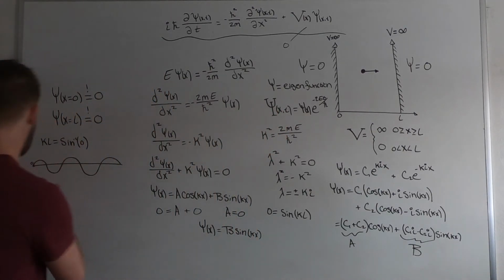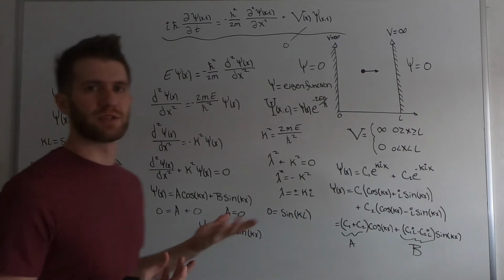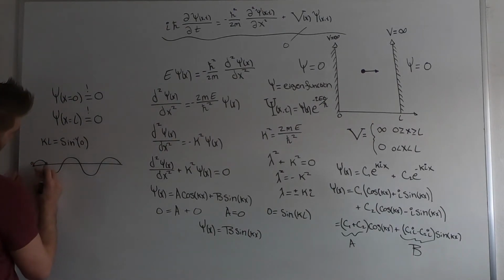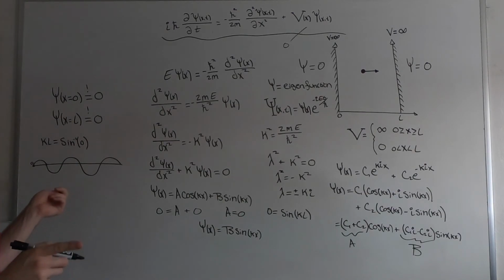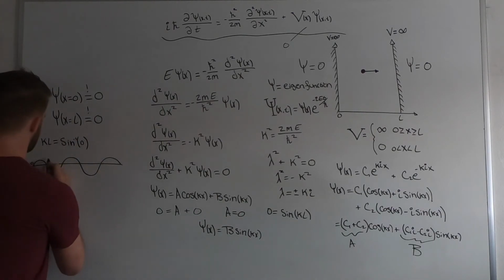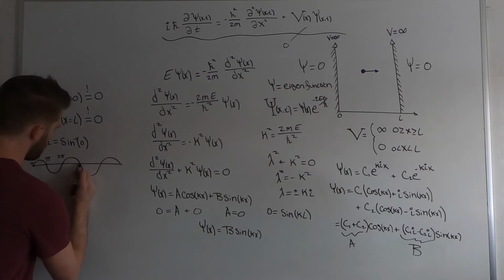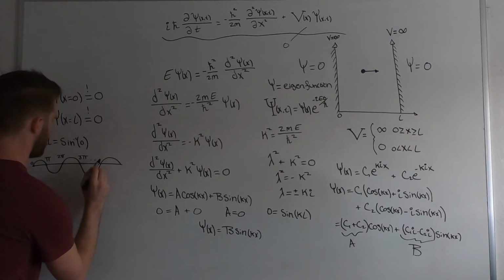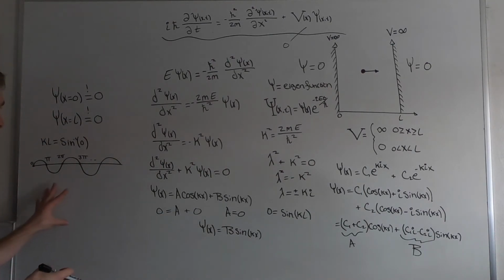Otherwise, if it was 0, that would indicate that the particle just vanished, and that violates a lot of conservation laws. So sine of pi would be equal to 0, and then similarly sine of 2 pi, and then sine of 3 pi, and so on. This is the condition that we have to impose.